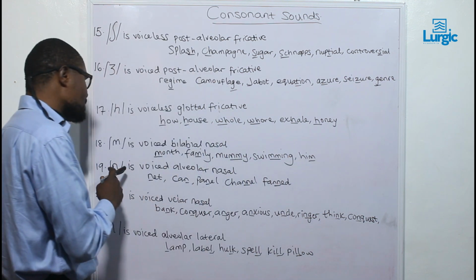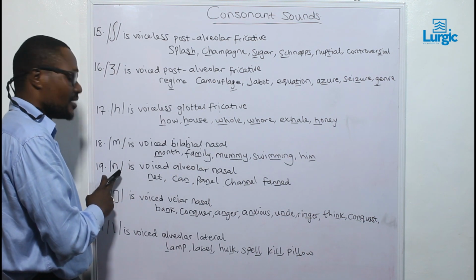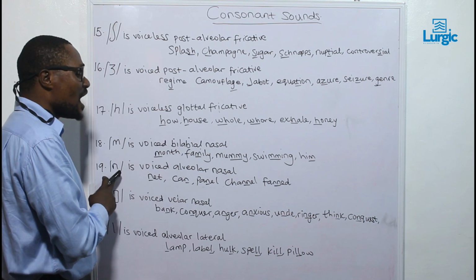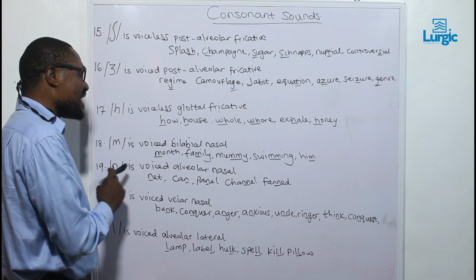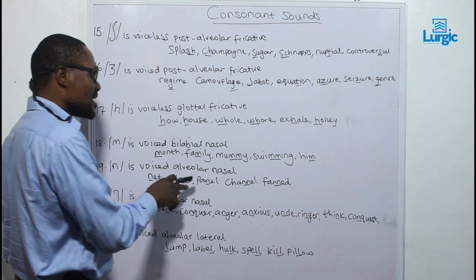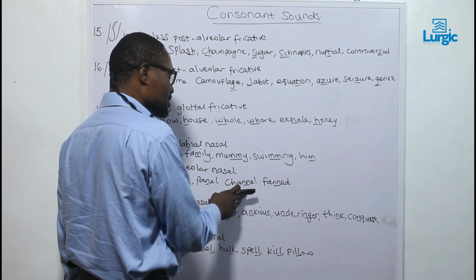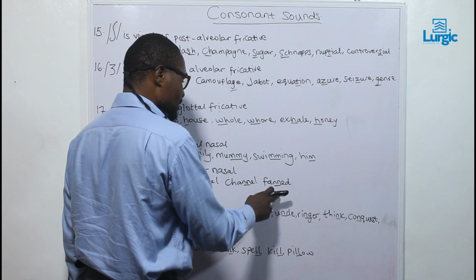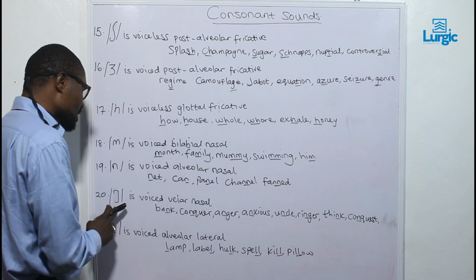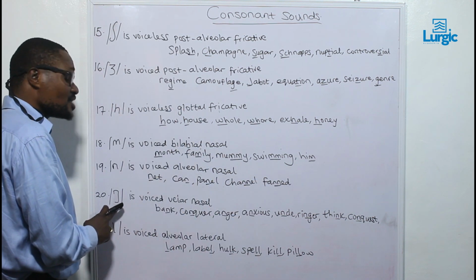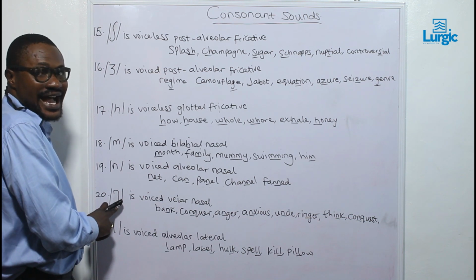So the next one we have is n. As in a voiced alveolar nasal, such as in nut, can, pioneer, channel, fend. Here, this one is involving the back of the tongue.